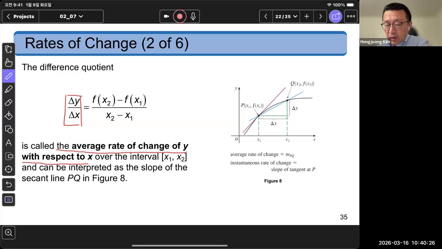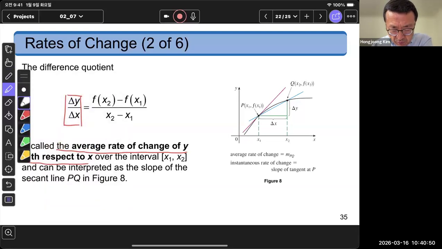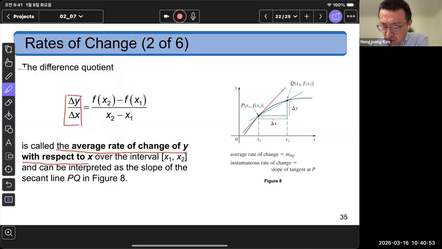Okay, so what does that mean in the graph of the function? So my function, my x value was at x1 initially. So when x is x1, on the graph of the function, this black curve represents the graph of the function.